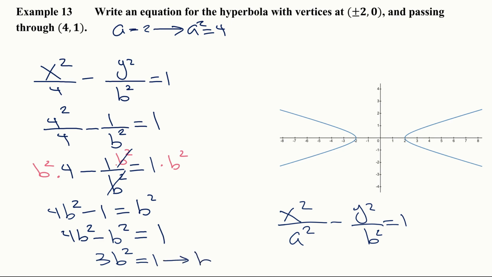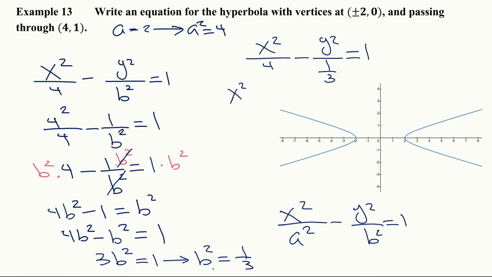So therefore b squared equals 1/3. So we have x squared over 4 minus y squared over 1/3, which is b squared that we just found, is equal to 1, right?